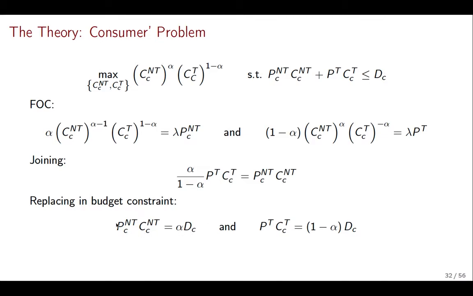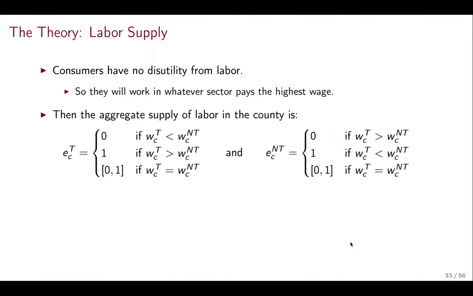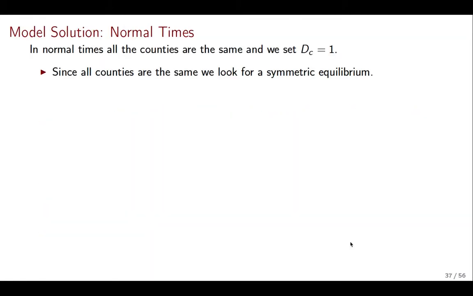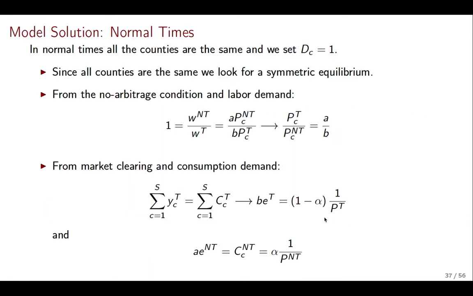And then we're dividing by the price on both sides, so that we get that the total demand for non-tradables is alpha over PNT, and the total demand for tradables is 1 minus alpha over PT. Let's go back to where we were. These are these two equations, 1 minus alpha over PT, alpha over PNT. That's where they're coming from.